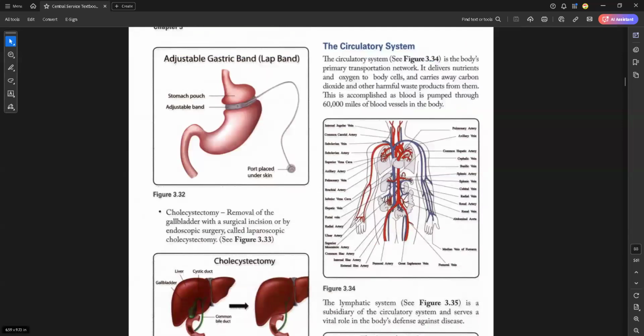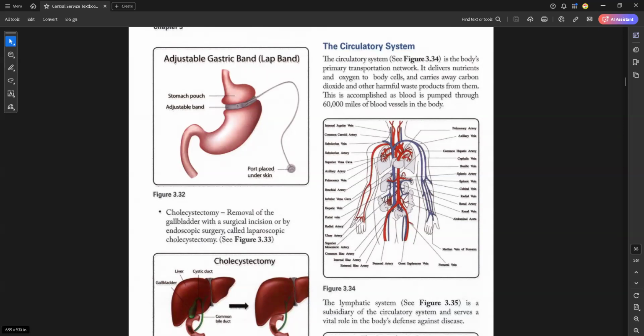Yes. So when you see that picture, 3.32, as you can see, they tie something up. Adjustable gastric band. We are not medical doctors, so you are not all that interested in this. You are interested in the surgical procedure, which is cholecystectomy, for example, removal of the gallbladder with a surgical incision, or by endoscopic surgery called laparoscopic cholecystectomy.